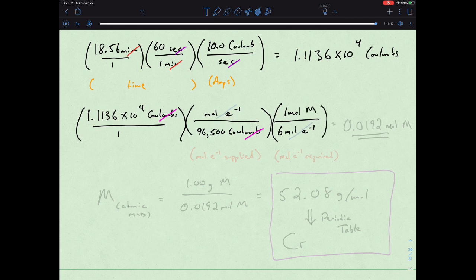And so here's showing that conversion between our moles of electrons supplied to the moles of electrons that's required for the reduction. And so that gives us a value of 0.0192 moles of M.